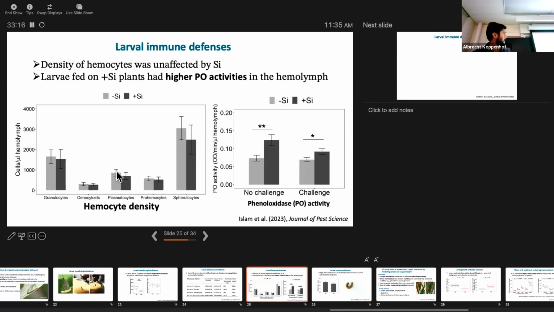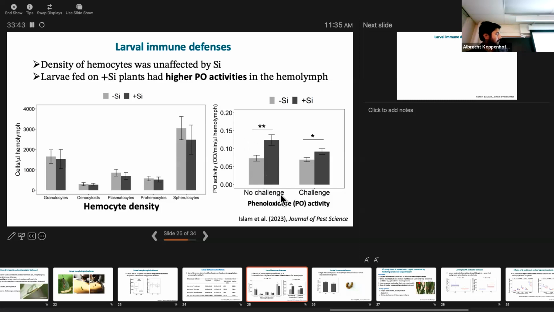So density of hemocytes was unaffected by silicon, but we found a discernible effect of silicon on larval PO activity in the hemolymph. Phenol oxidase is an important enzyme for the larval melanization response. So their immunity against pathogens depends on this enzyme activity.